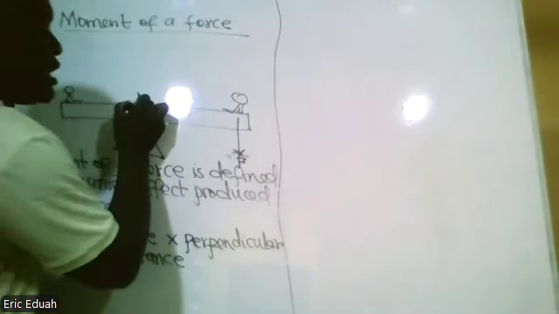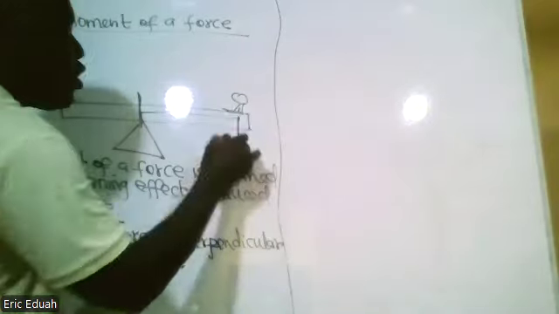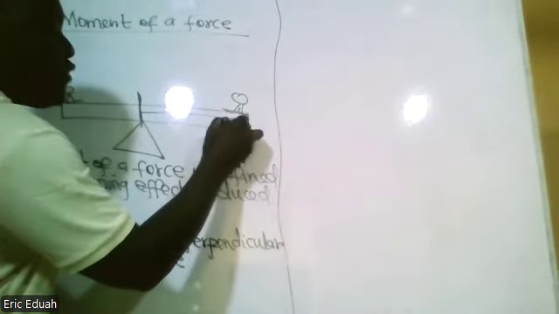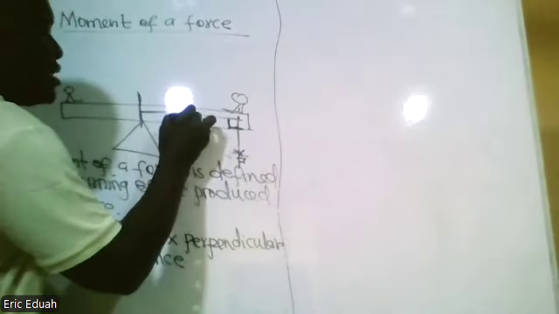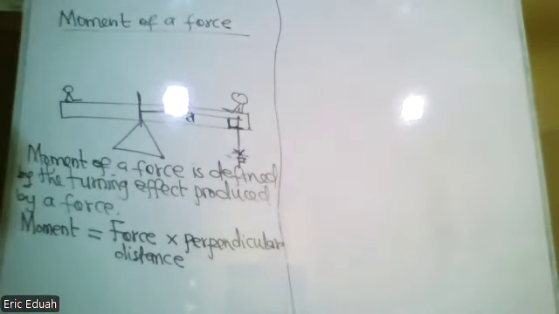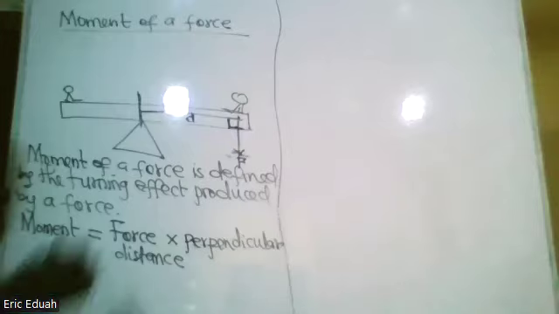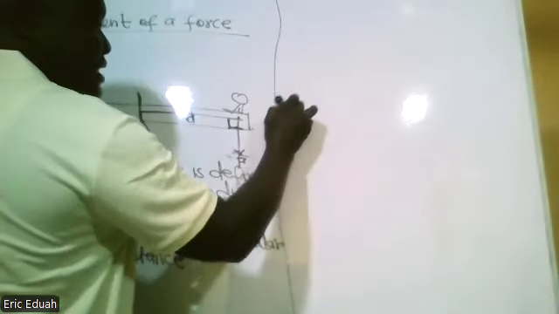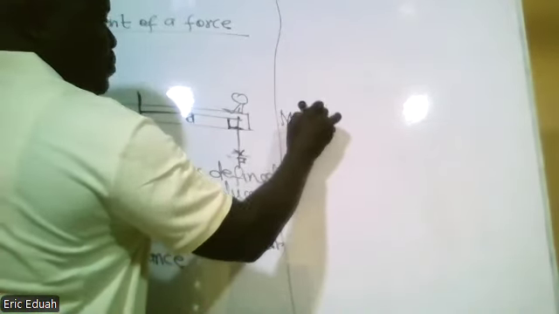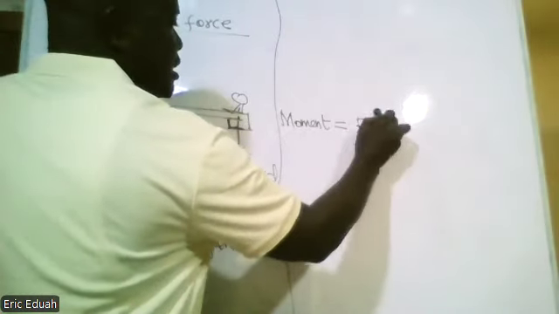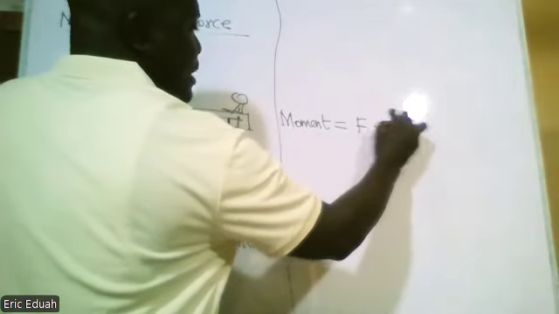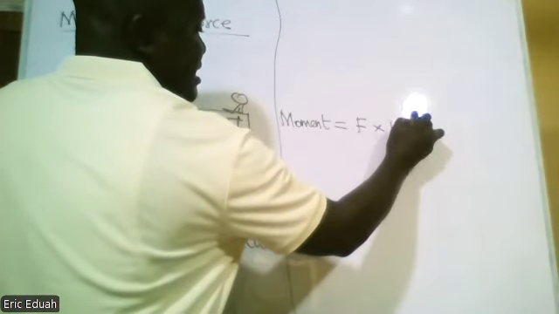But the distance must always be perpendicular to the force. The distance D around the pivot must be perpendicular to the force. So the moment is equal to the force times the perpendicular distance.